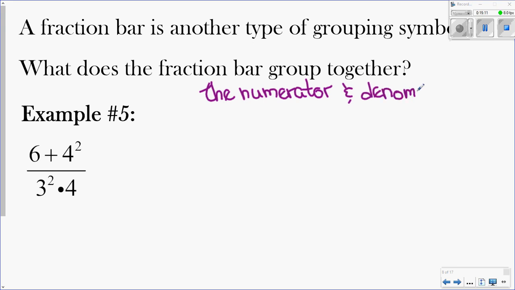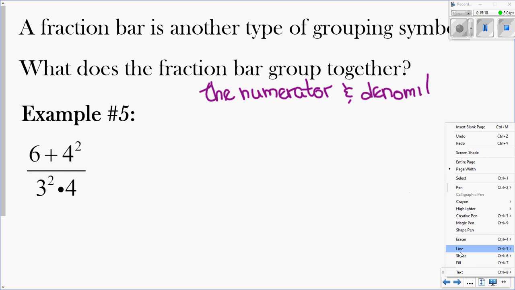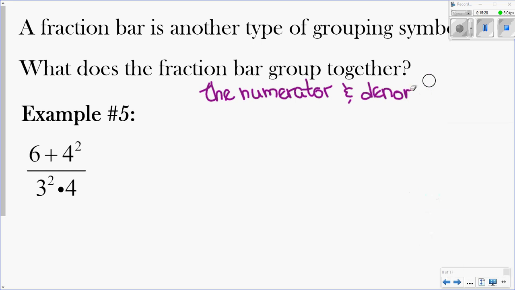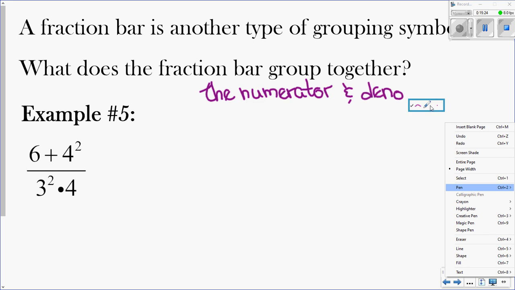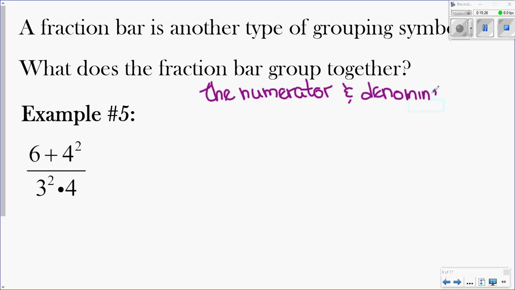Denominator. Oops, spelled it wrong. Let's go back. Okay, denominator. So that's what it's grouping. So when you have a fraction bar, it's grouping the numerator and the denominator.